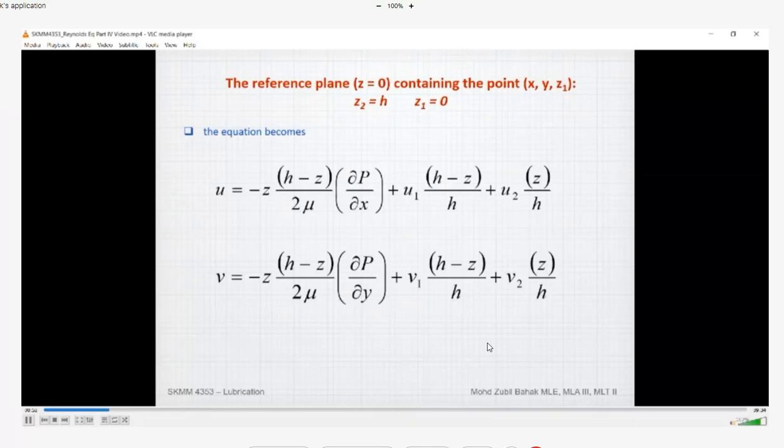We have done the derivation, and finally we have the velocity of the fluid in the x and also in the y direction, as shown in the equation in front of you here.